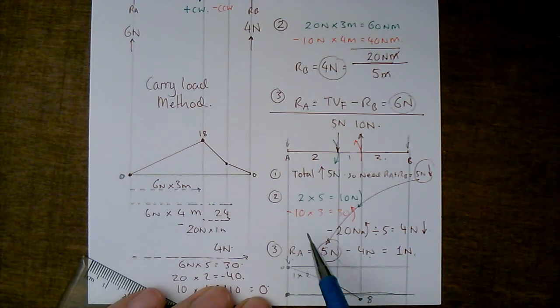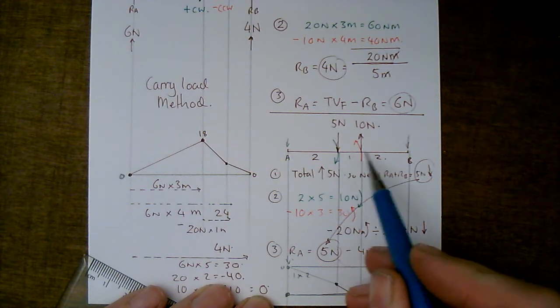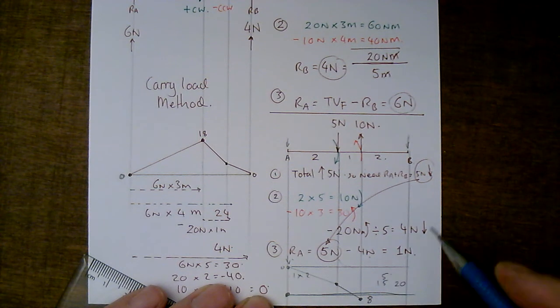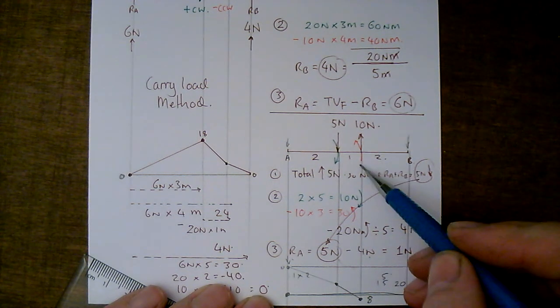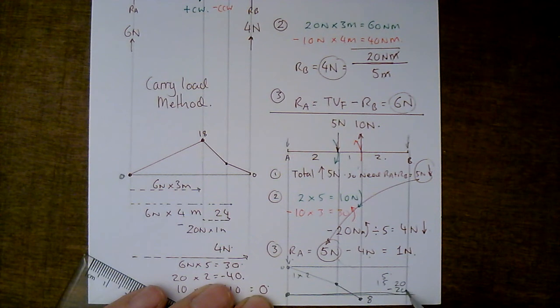So hopefully this all should resolve. So we have 1 times 5 is 5. We've got the 5 times 3, 3 fives are 15. That's a total of 20. And then we've got 10 in the opposite direction times 2, minus 20 equals 0. So our graph goes back down to 0, like so.